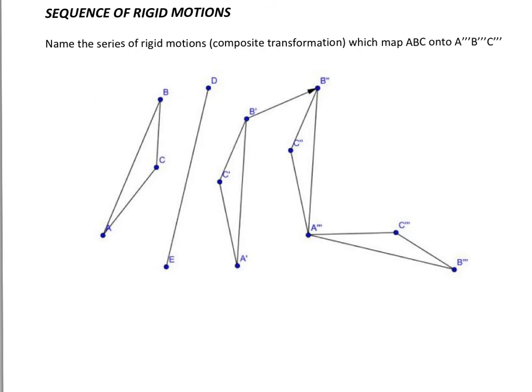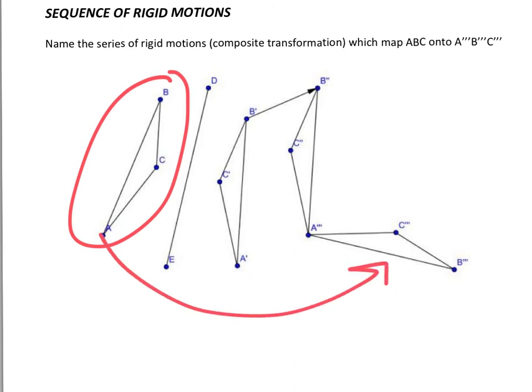Now to tie all this together, meaning congruence and rigid motions together, we were going to name a series of rigid motions, or really a composite transformation off the coordinate grid, which maps ABC, which is this original triangle, onto ultimately A prime, B prime, C prime, which is way over there, through a series of steps.